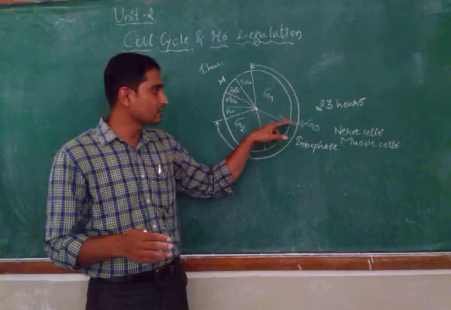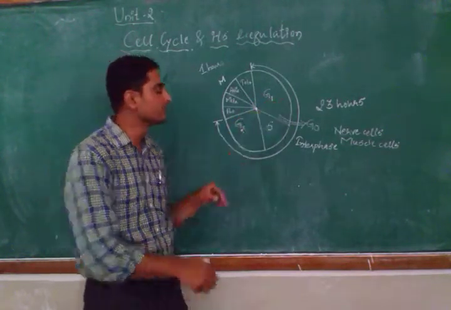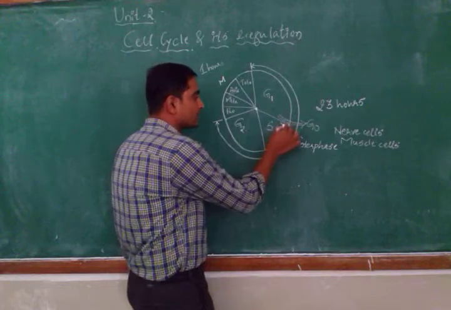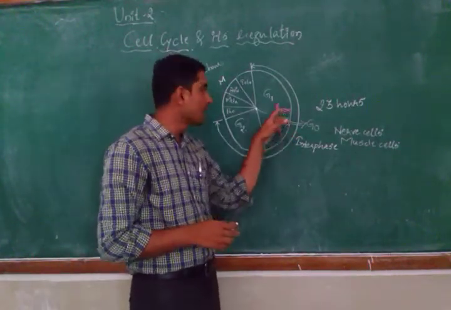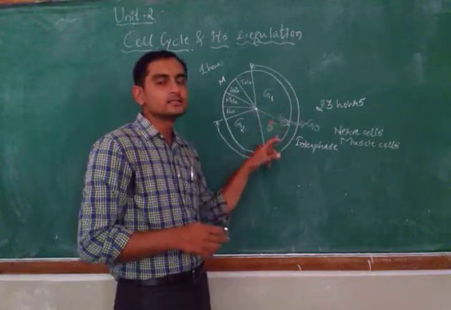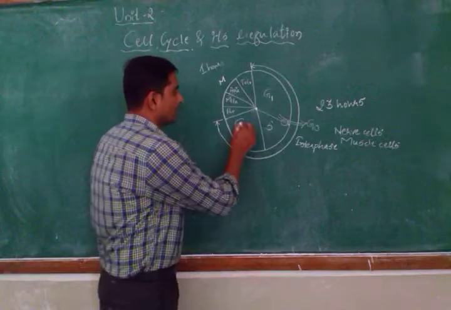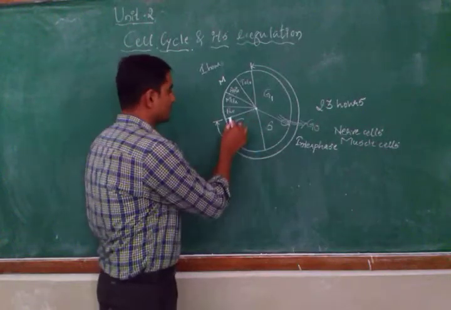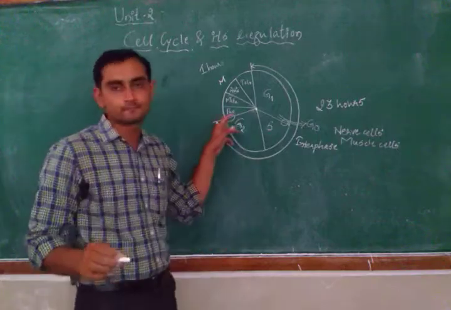That signal is provided in the late G1 phase. Here the cell will get some signal to enter into the S phase, and this signal is called the G1S signal.